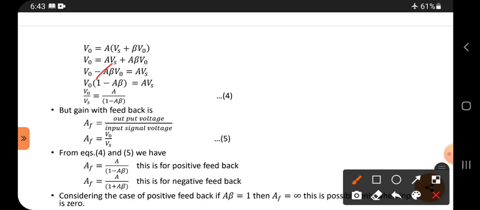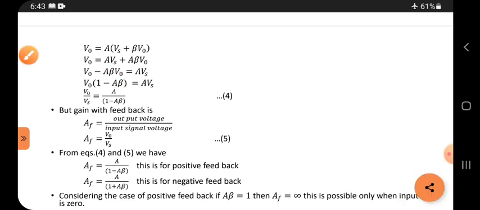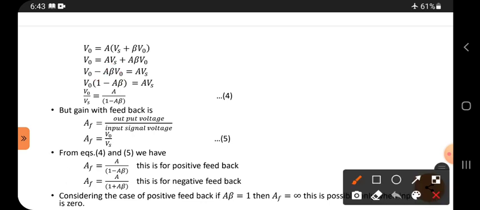Take the common factor V0 outside. Then it becomes V0 times 1 minus A beta equals A Vs. Then divide both sides by the bracket. So then we get V0 by Vs equals A by 1 minus A beta.